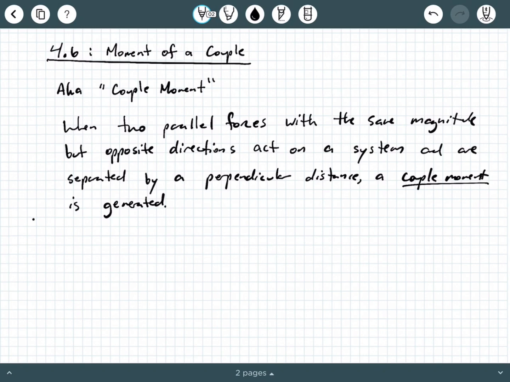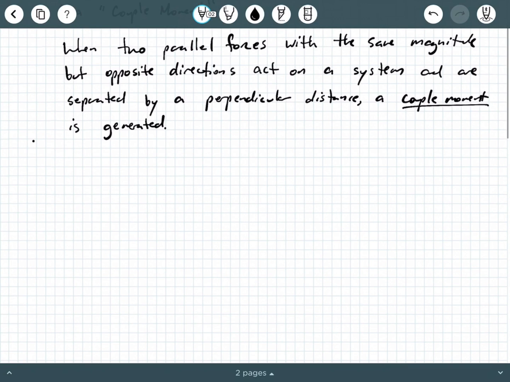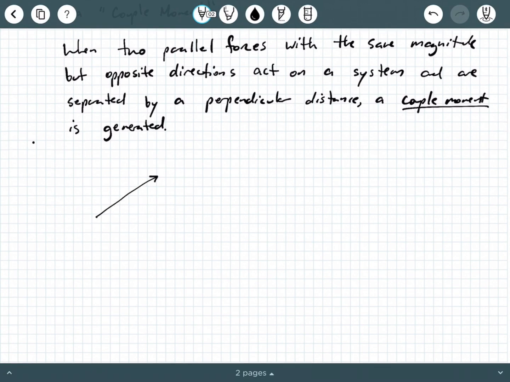So it's very easy to see that in two dimensions. If you have a force here, and then parallel to that, you have the same magnitude force, and they are separated by this perpendicular distance right here. Let's call it D. Then we have a couple moment. By the way, all these are vectors. Let's be proper here, put vector hats there.